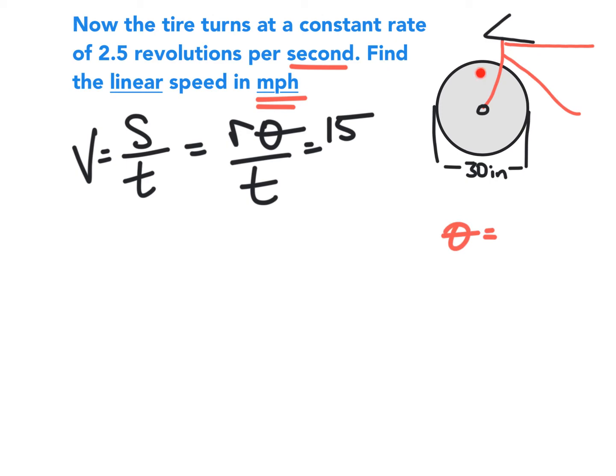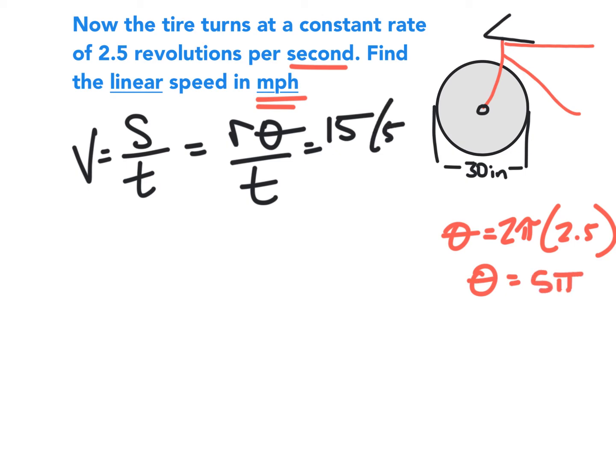It's sweeping through how many radians every second? Well, each rotation, just like last time, is 2 pi radians, and it's happening 2.5 times every second. So theta in this case would be 5 pi. So I'm going to plug that in for theta, and this is happening every 1 second.